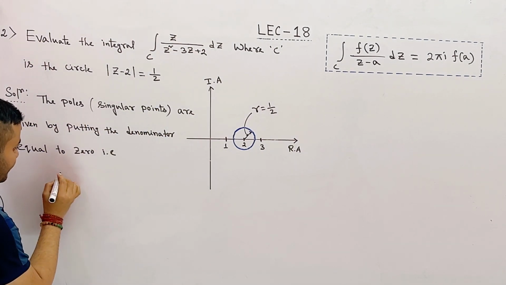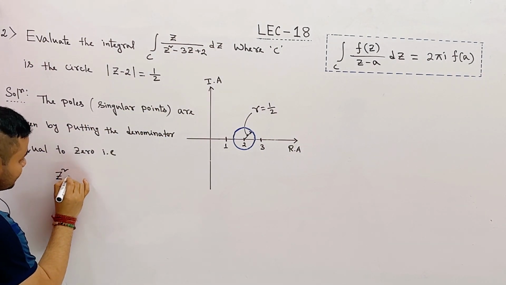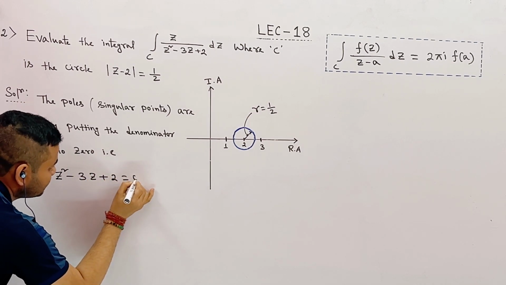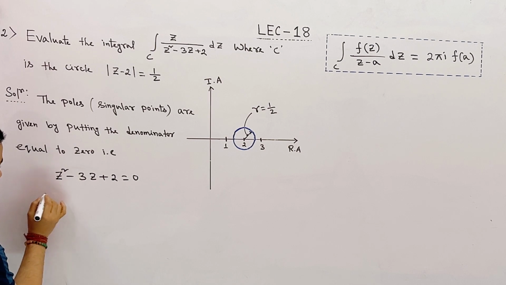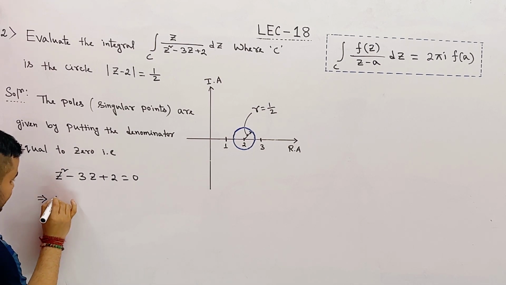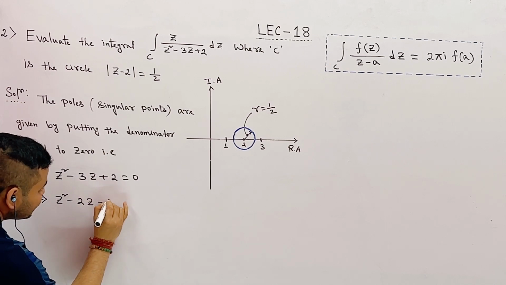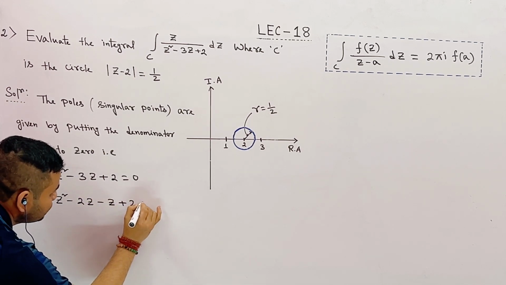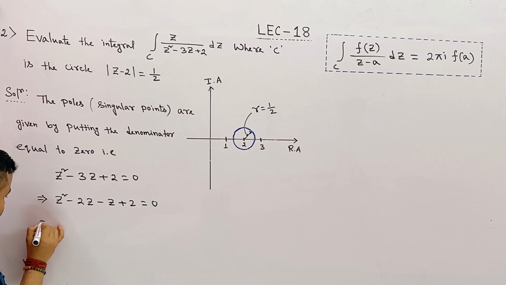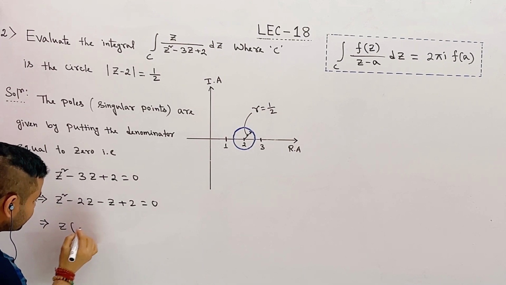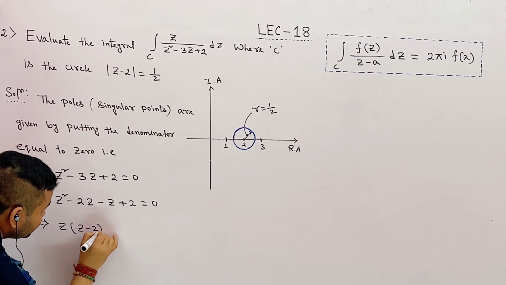So that is z square minus 3z plus 2 is equal to 0. So we can write z square minus twice z minus z plus 2 equal to 0. First let us take z as common from these two terms, z minus 2.